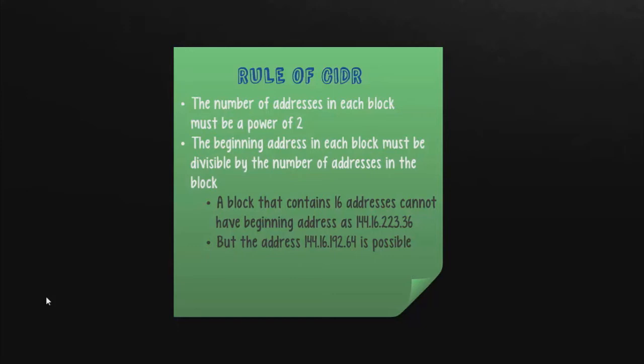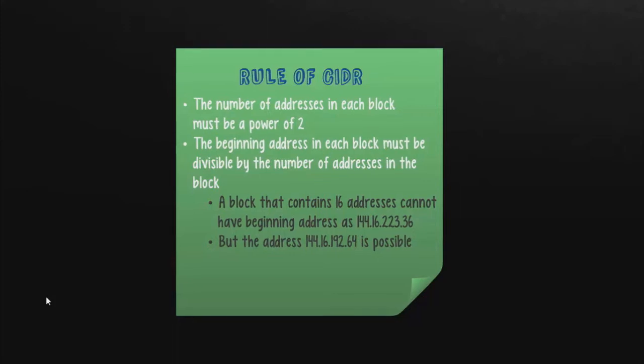For instance, a block that contains 16 addresses cannot have the beginning address 144.16.223.36, but the address 144.16.192.64 is possible.